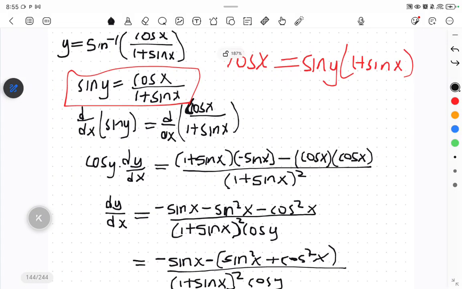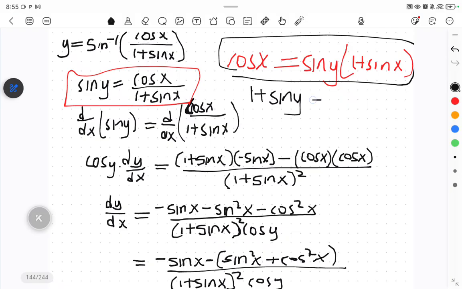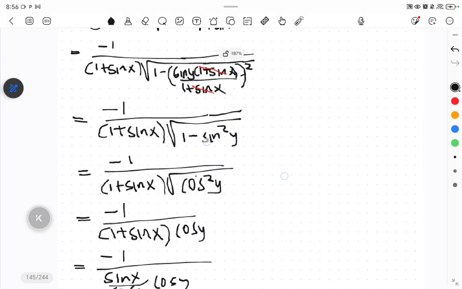If we make 1 plus sin x with the formula, we're going to get cos x over sin y. Oh, it's cos x over sin y, right? Cos x, yeah.